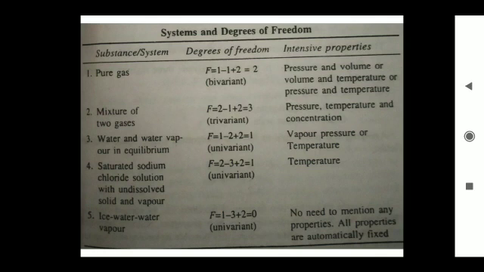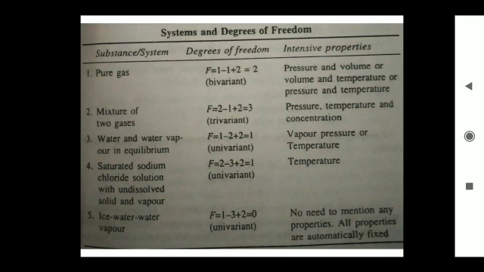For a mixture of gases, the number of components is 2 and the number of phases is 1. These gases are mixable with each other, so the number of phases is 1. It depends on pressure, temperature and concentration of the gases, so it is a trivariant system.